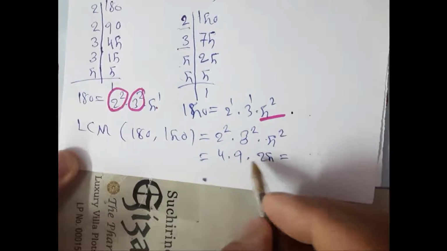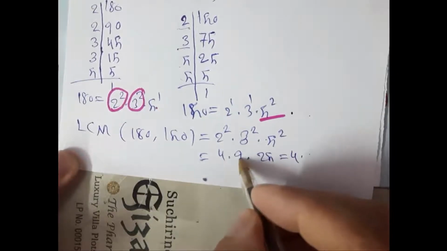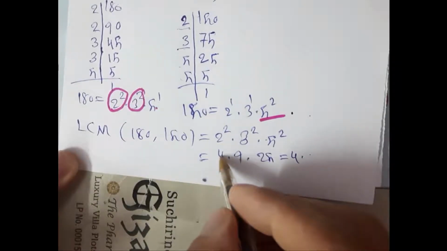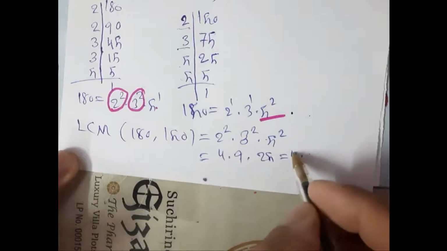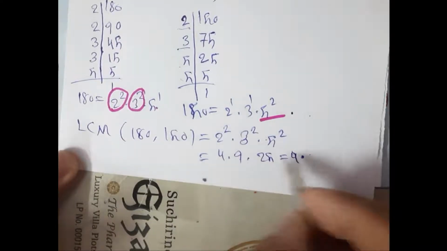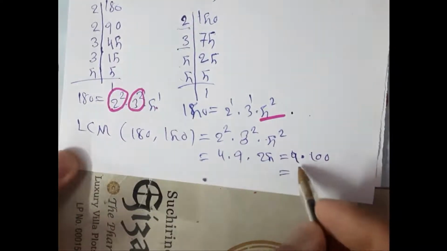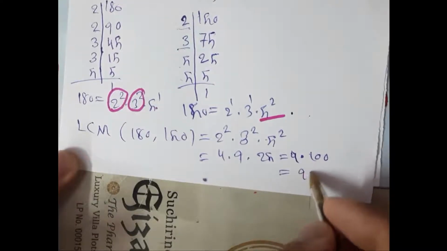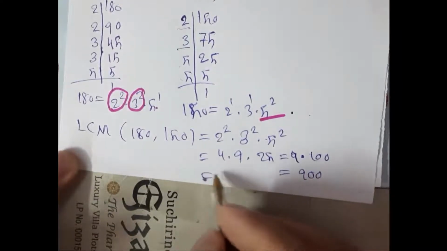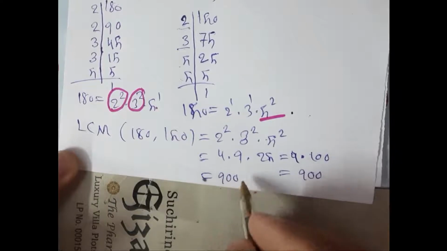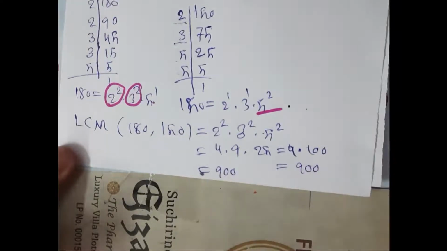If we multiply 4 by 25, it is 100. 9 into 100, 900. It will be easy to find. 900 is the LCM of 180 and 150.